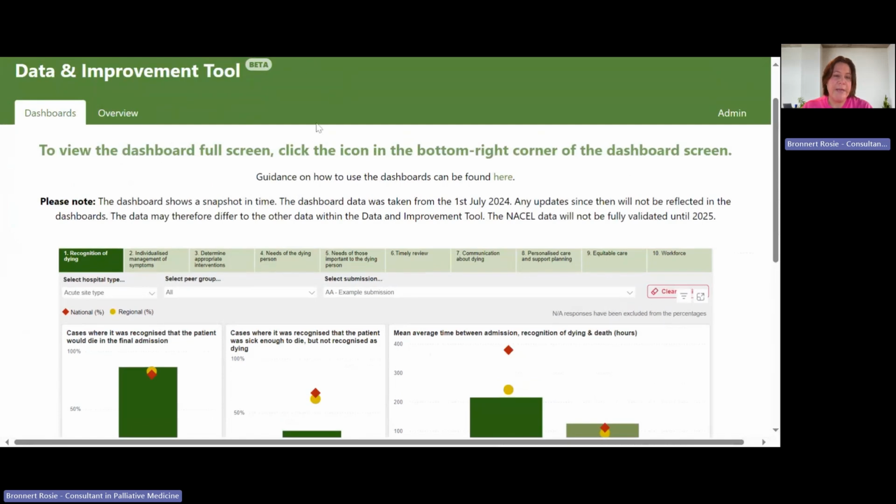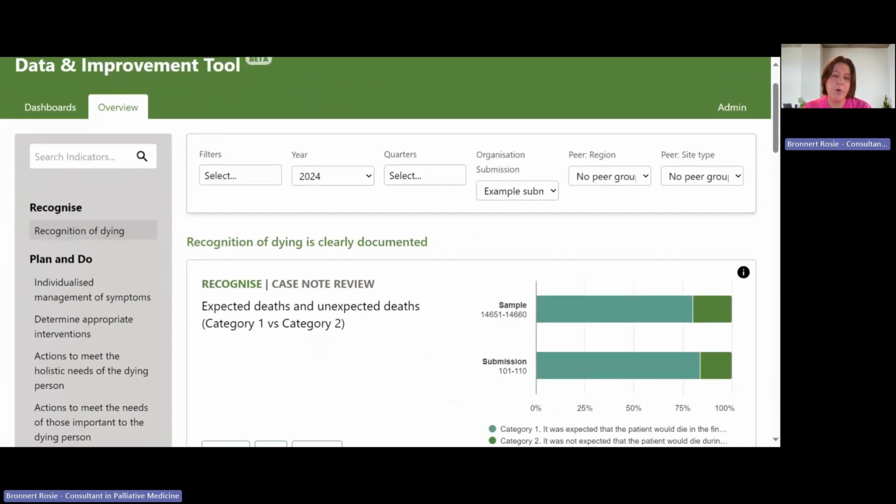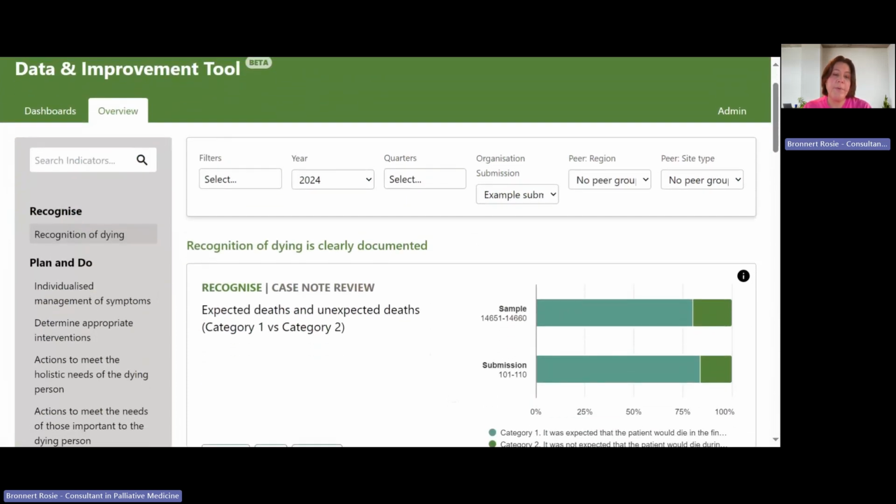So in summary, really, the NACEL data can really help you to drill down in terms of identifying a quality improvement project by helping you to understand the problem in detail, maybe find a metric that you would like to track to see if it changes following an intervention, and help work out which may be your priority areas.